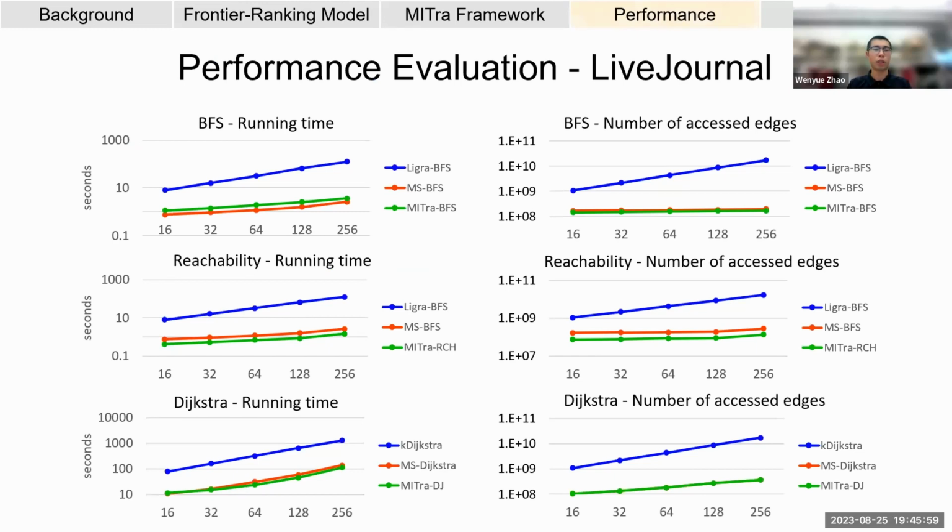As shown in the charts on the left, Mitra outperforms serial algorithms significantly and is comparable to crafted multi-instance algorithms. This is confirmed by the number of accessed edges charts on the right, indicating the level of sharing for each algorithm. We observe similar results on other data graphs as well.